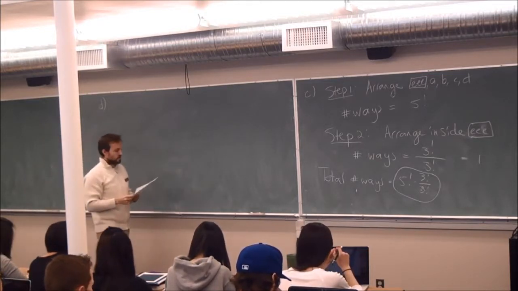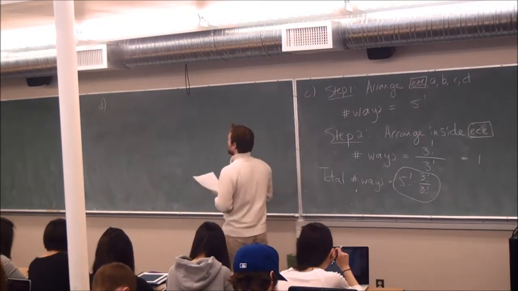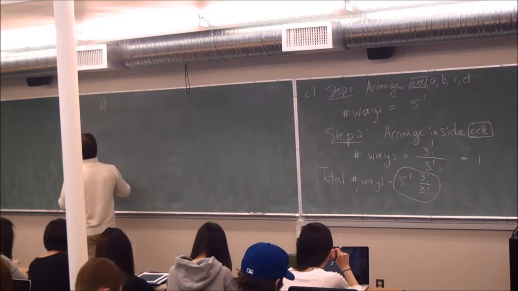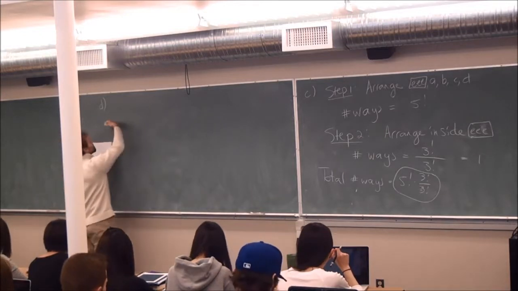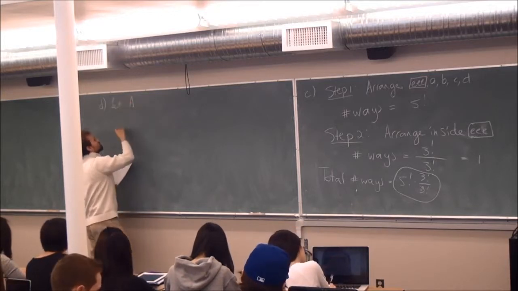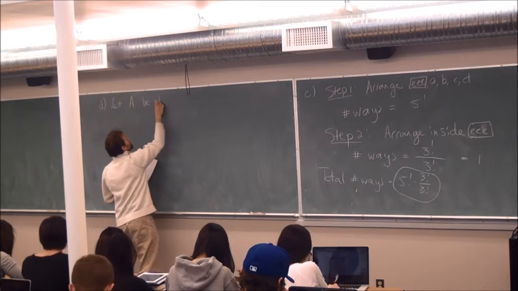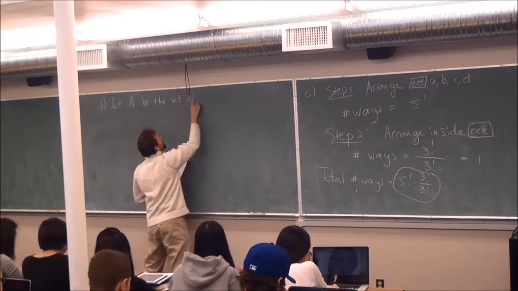The B and the D do not appear next to each other. What is my strategy here? Well, for the sake of being complete, let me define a set. Let's call it capital A. Let that represent the set of arrangements.